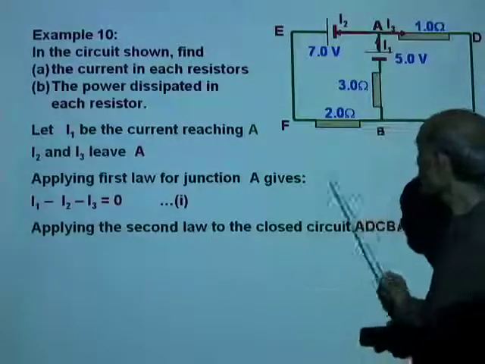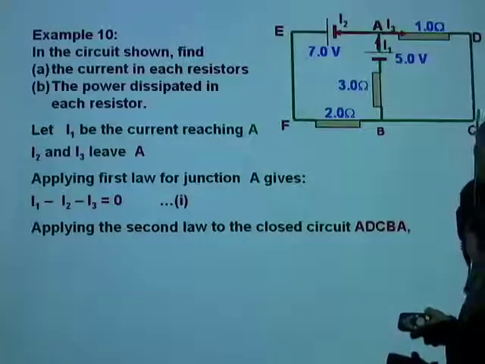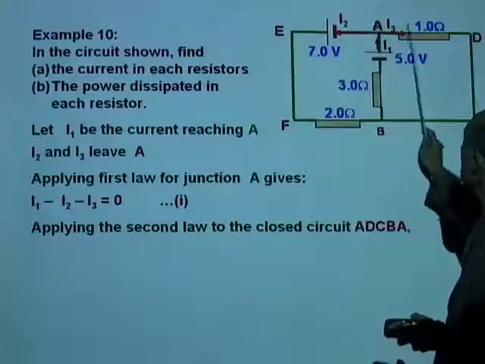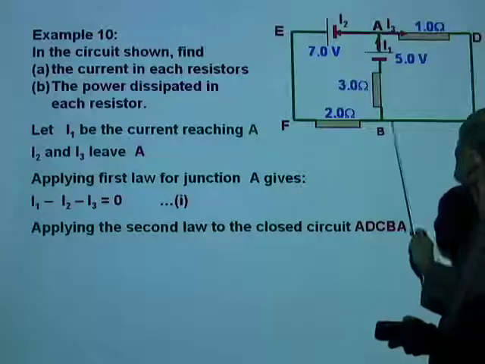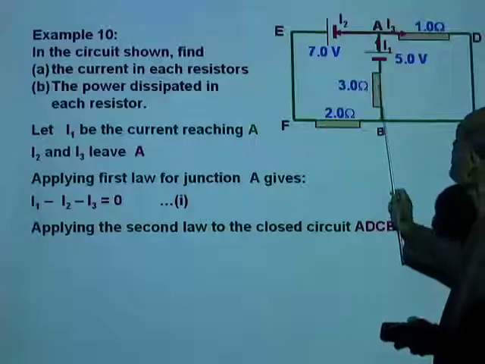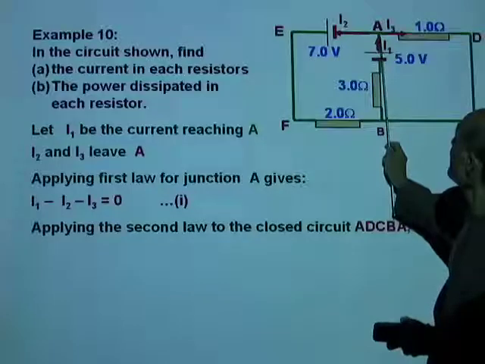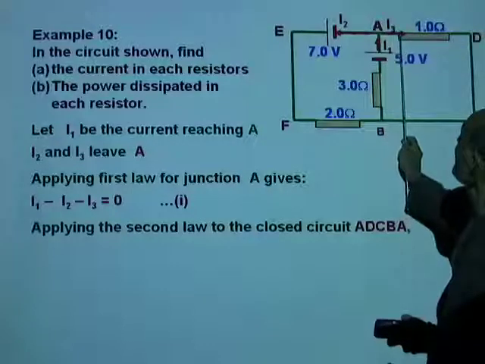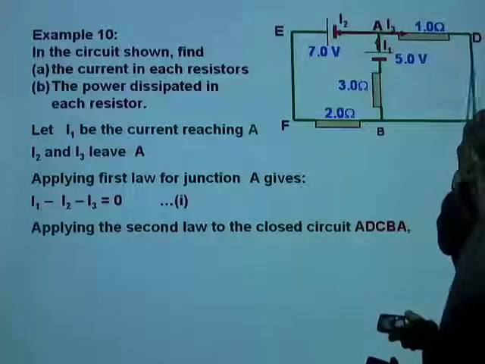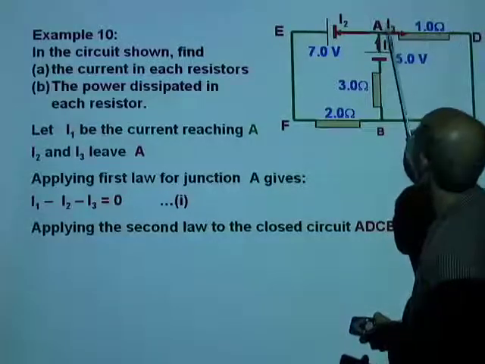Apply the second law to the closed circuit A, D, C, B, A. I hope you got the loop I'm now tracing. Now the direction of the loop and the direction of I1 are the same. The direction of the loop and the direction of I3 are the same. And that's the reason why I chose that loop.